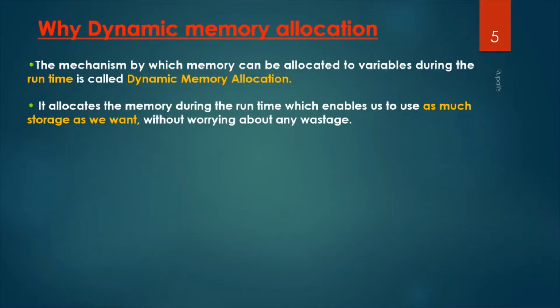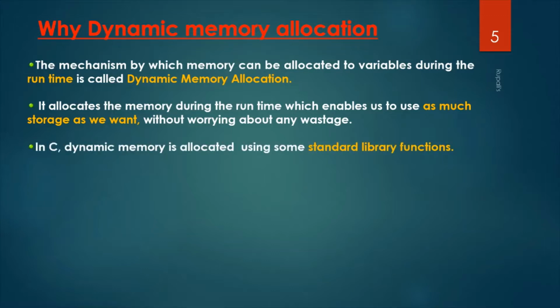Now, at the time of run, we only store 5 elements there. So, 5 into 4, 20 bytes are consumed. The remaining 60 bytes are total wastage. But if there is a provision to allocate memory at the time of run, then we can allocate as much storage as we want. That's why dynamic memory allocation is needed.